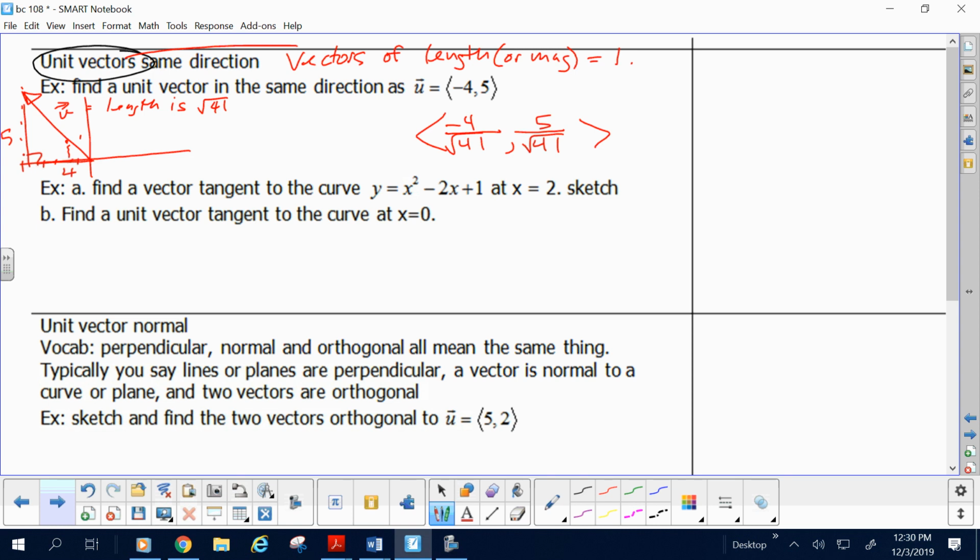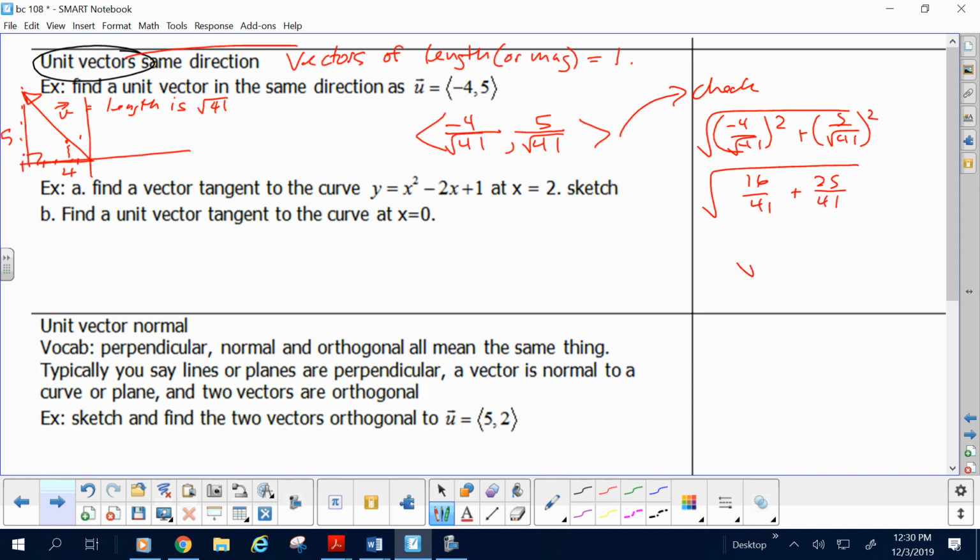If I ran the Pythagorean theorem on that, negative 4 over root 41 squared plus 5 over root 41 squared is 16 over 41 plus 25 over 41. You can see it is exactly 1 unit. Follow me?